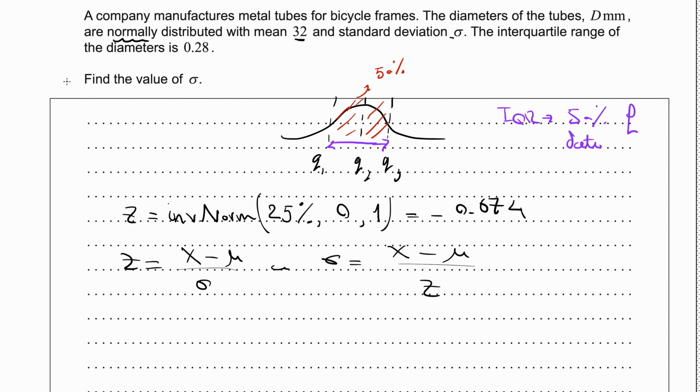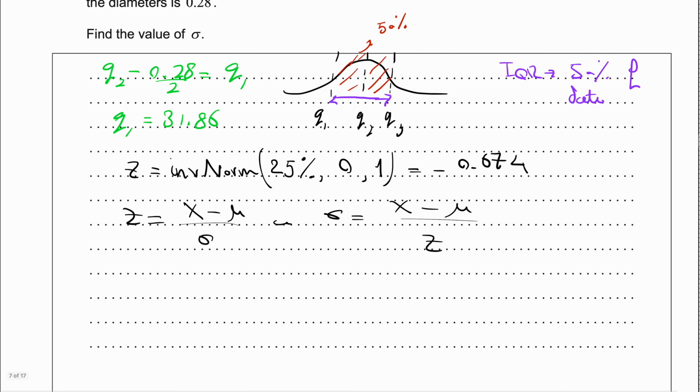So you can simply do Q2 minus 0.14, or let's say minus 0.28 divided by 2. This is the interquartile range divided by 2, and this will equal Q1. So Q1 is equal to 32 minus 0.14, which equals 31.86.